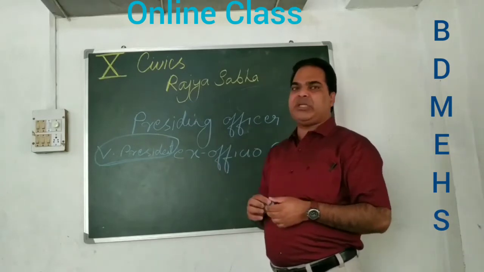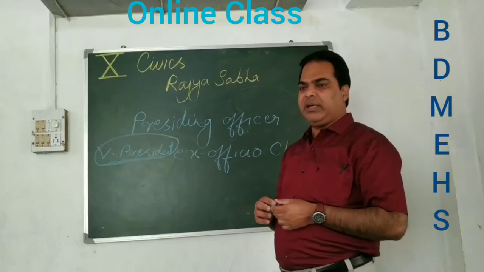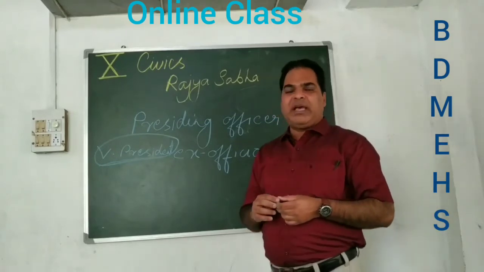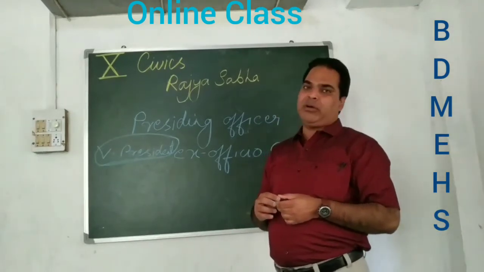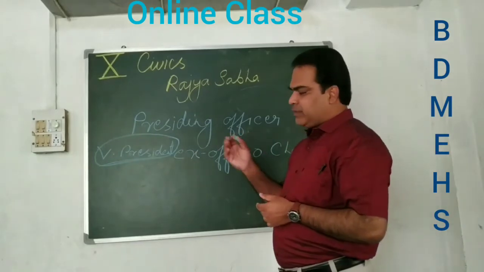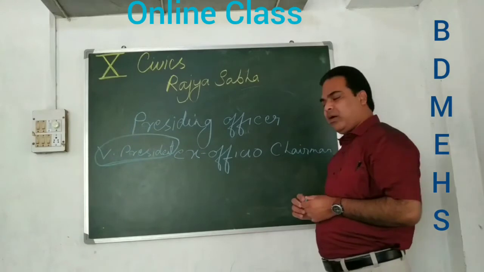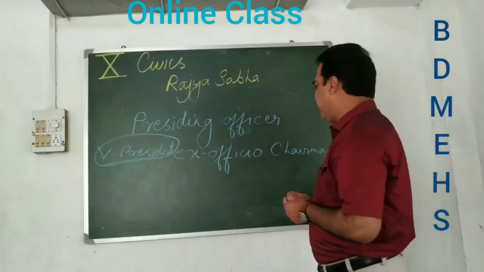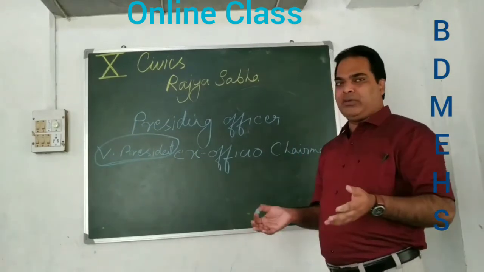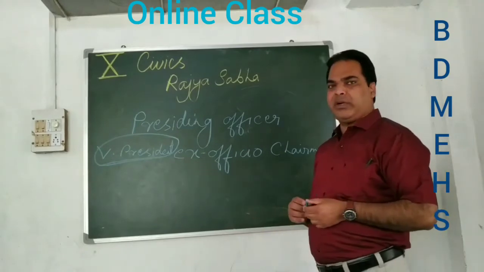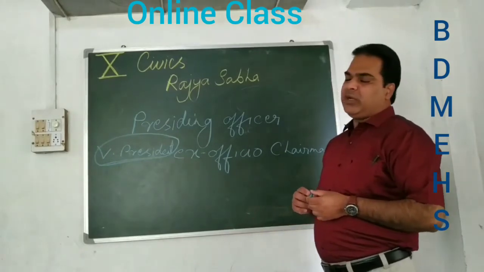The Vice President of our country is elected by the members of Lok Sabha and Rajya Sabha. So, according to the Constitution, the Vice President of our country is the chairman of the Rajya Sabha.